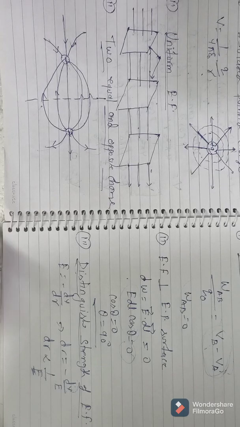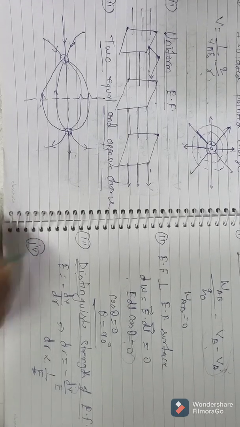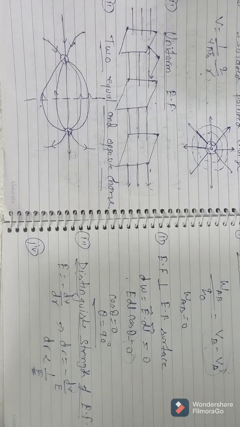The fourth property, which I am not writing because it is very easy, is that no two equipotential surfaces intersect each other. Why can they not intersect?